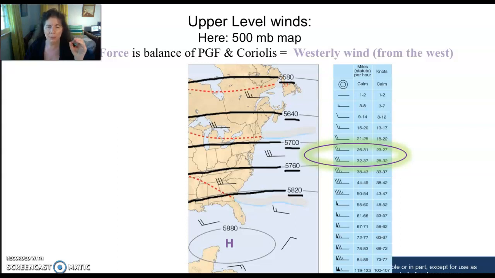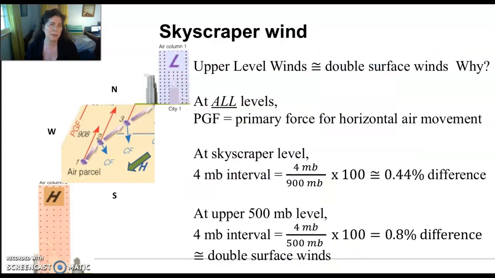Really important map for us. Let's include a little bit more information about why that happens. If we look at the upper levels at these higher speeds, and then we come down closer to the surface, near where skyscrapers might be in New York, you'll notice that it's roughly half the wind speed down there.